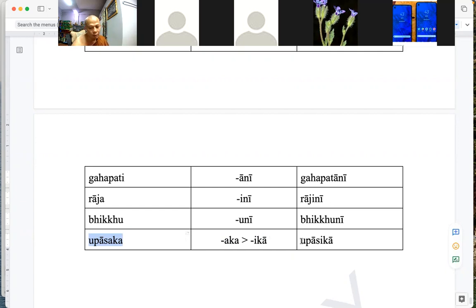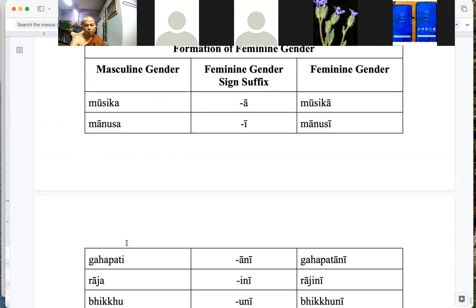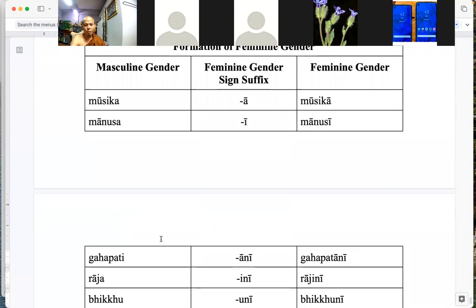But ubasika means a woman, a female lay disciple. The same way, dayaka is a male donor, but dayika is a female donor. So in this way, some nouns, from the masculine, by adding these feminine gender assigned suffixes or changing in this way, we have the masculine noun and feminine noun.